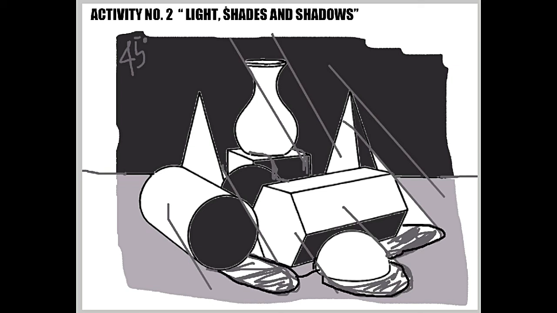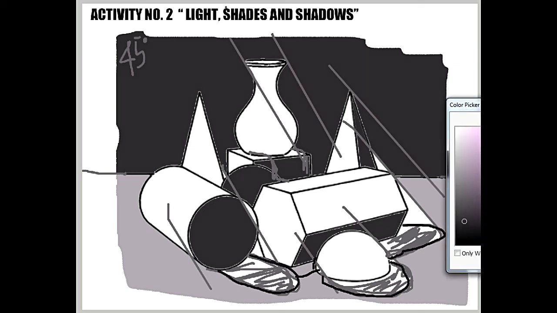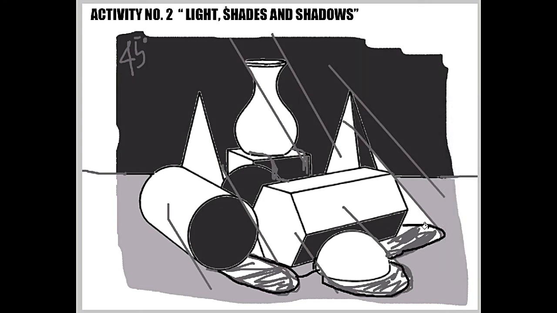Okay? So, pakita ko lang sa inyo itong pwedeng mangyari dito guys. Ito yung shadow nyo sa drawing. Okay? Pero huwag niyong kopyahin yung aking ginawa kasi hindi naman talaga ito tama. Yan ay example lang.